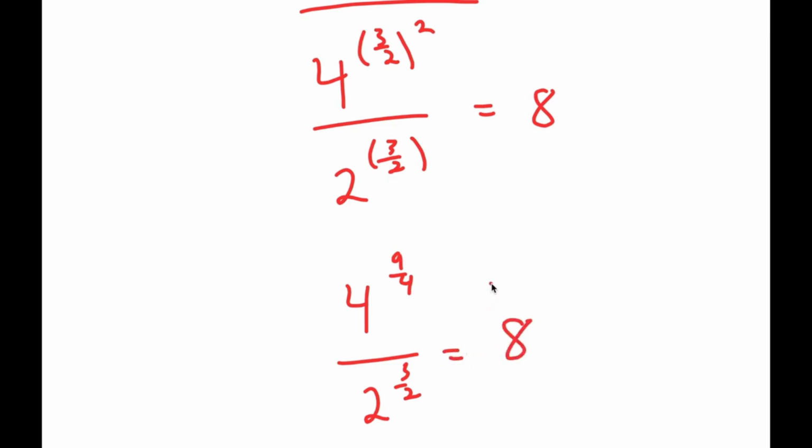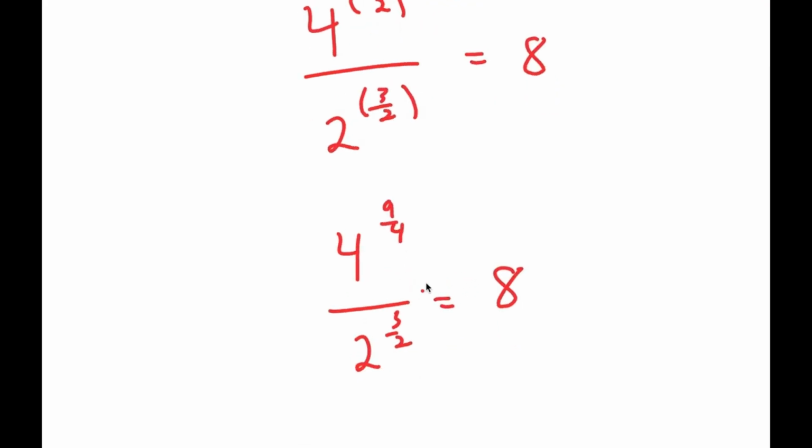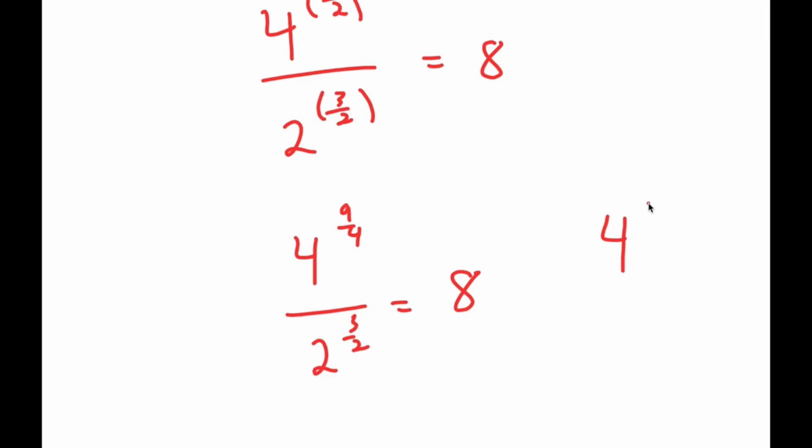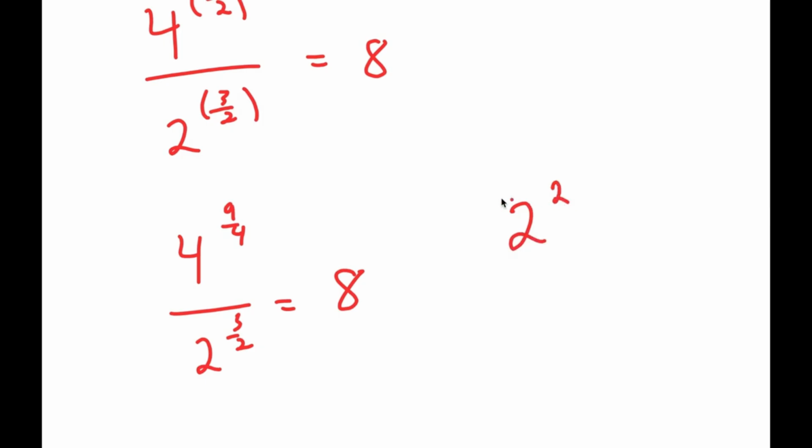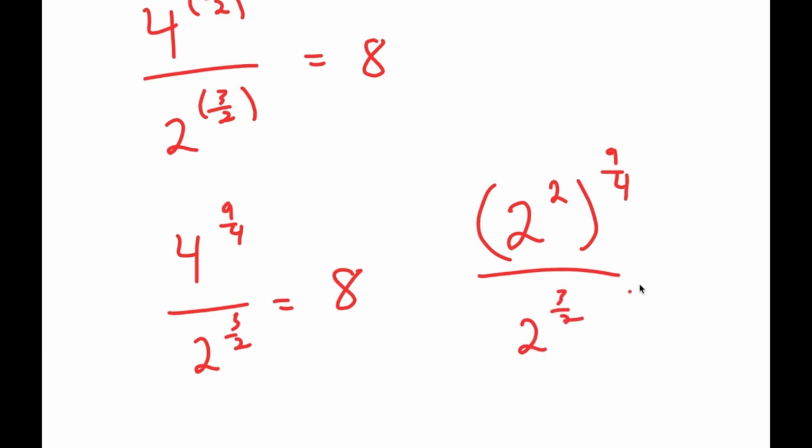So now to solve this, 4 to the power of 9 over 4 is the same thing as 4 to the power of 9 to the 4th root. So what I'm going to do is I'm going to rewrite this as 2 squared to the power of 9 over 4 over 2 to the power of 3 over 2.